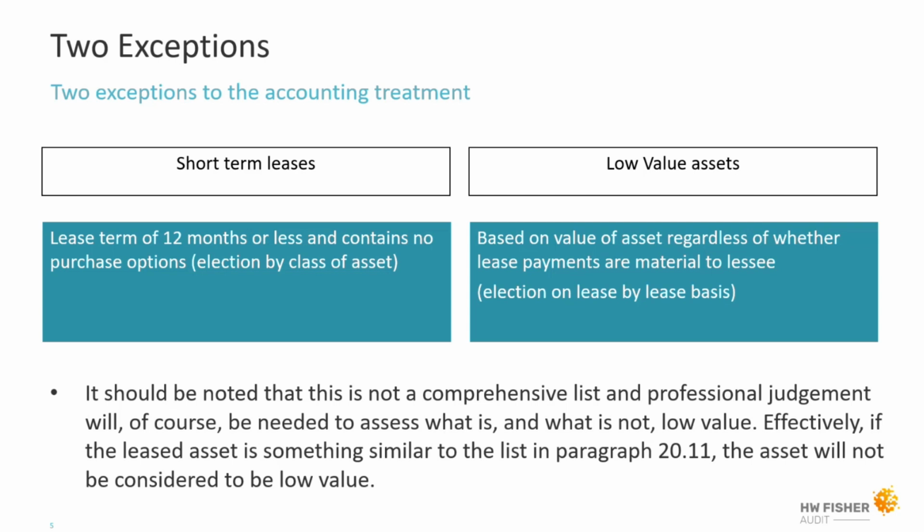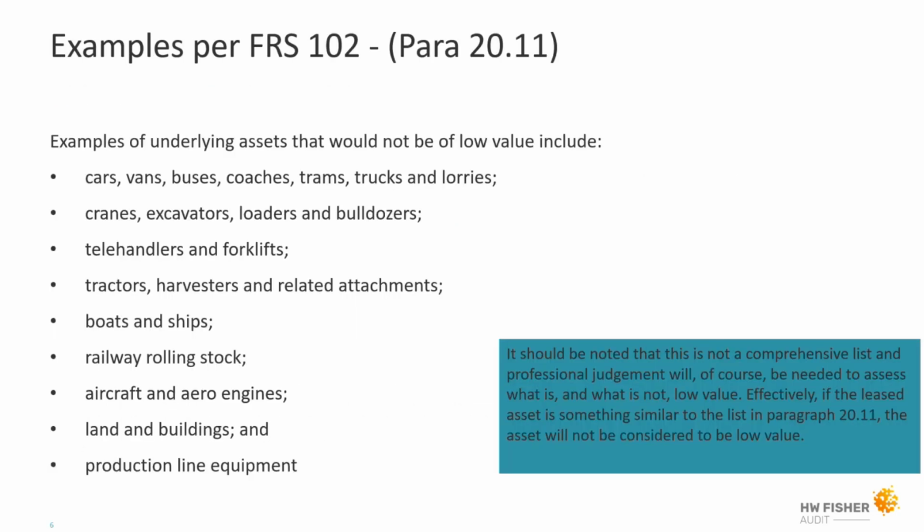The other exception to the leases is low value assets. Now FRS 102 has been a little bit less prescriptive on what a low value asset is, but I think the key for FRS 102 is thinking about it not in terms of material to your business.